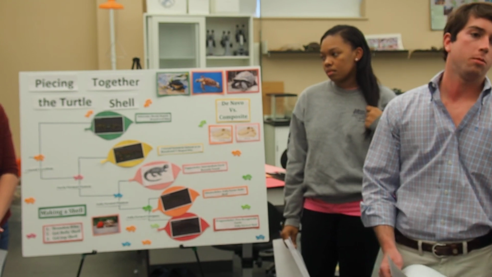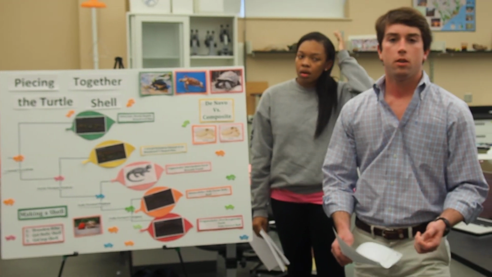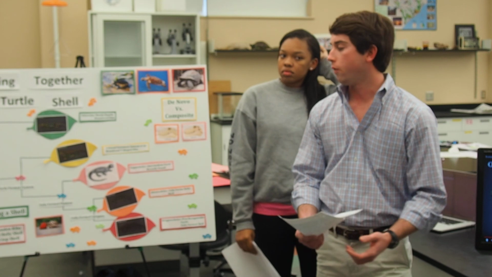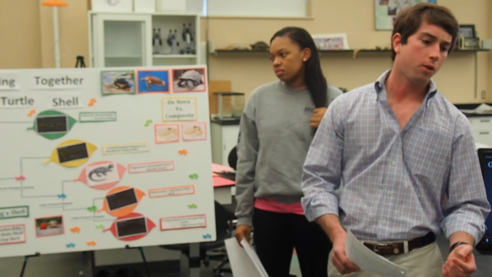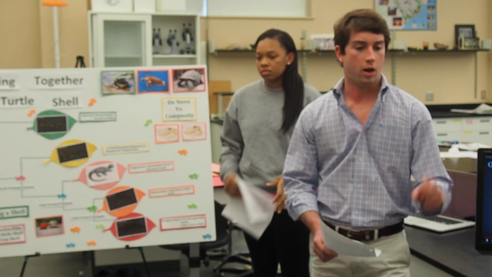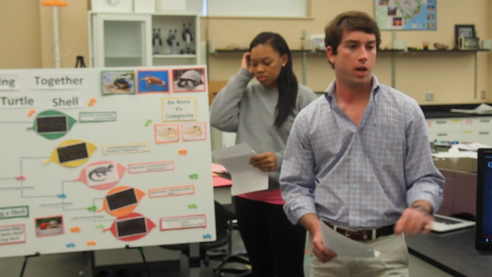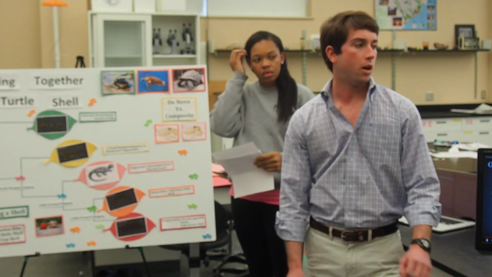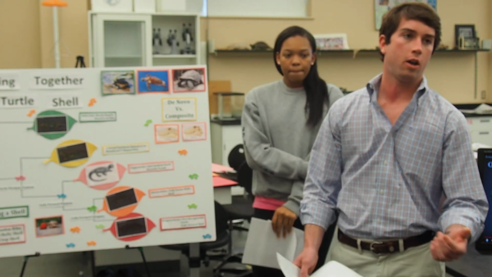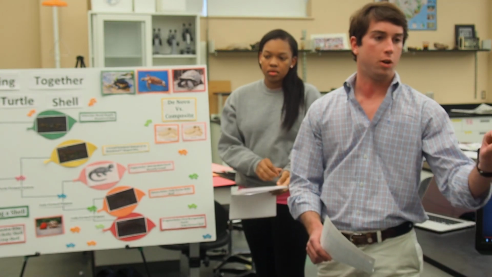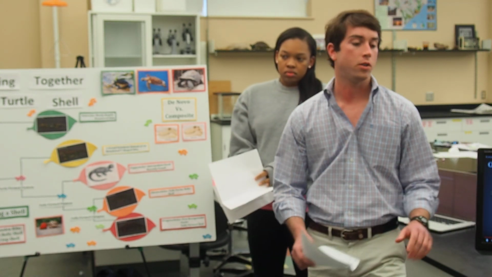And basically what the composite model says is that the turtle shell formed through the fusion of osteoderms. And for those of you who don't know, osteoderms are bony structures on the back of many reptiles. For example, a crocodile or an alligator now, those little bumps that run all the way along their back, those are all osteoderms.